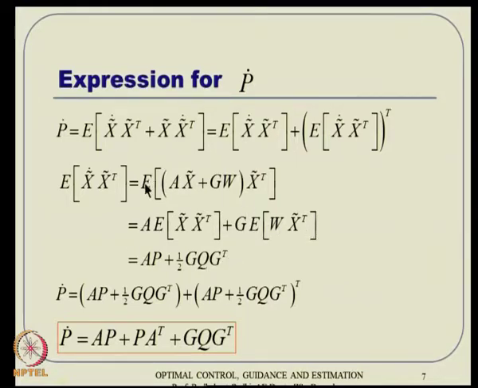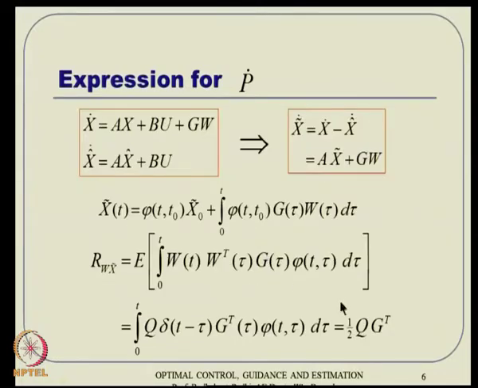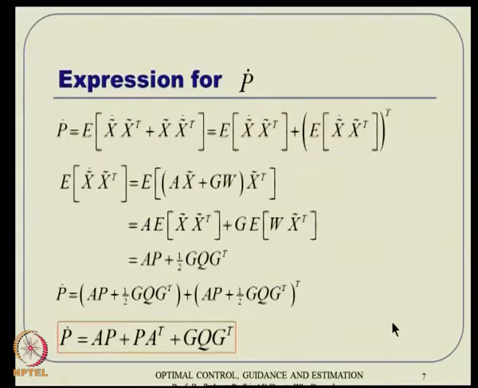The expected value will come all the way and sit here. The W is a random variable, so it will get coupled with that. But this quantity is nothing but P by definition. So A times P plus this quantity is nothing but, we just derived it, half of QZ transpose. So we put that there and it will end up with this.